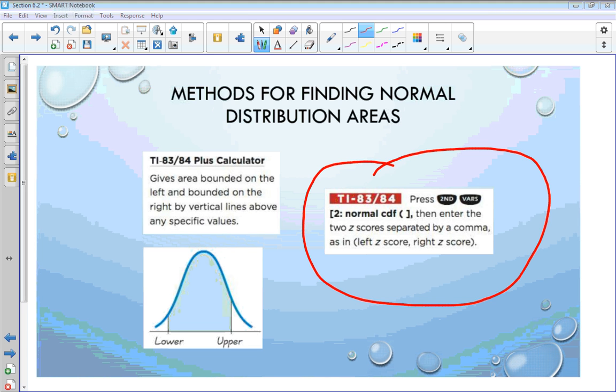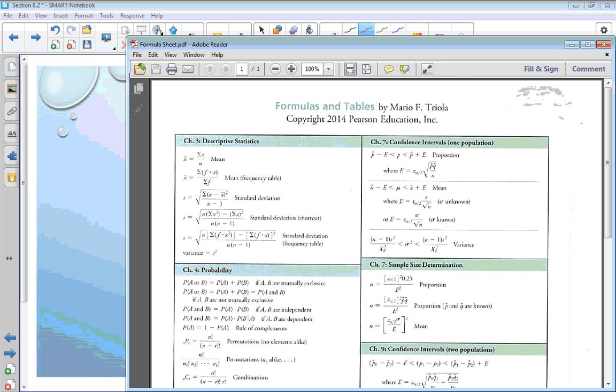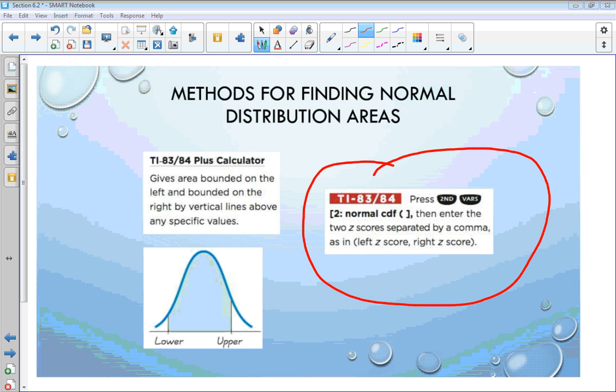You can go get your TI-84 calculator if you do not have that ready. I'm also going to bring up the table. Now the table is in your textbook. However, you can also get it online.